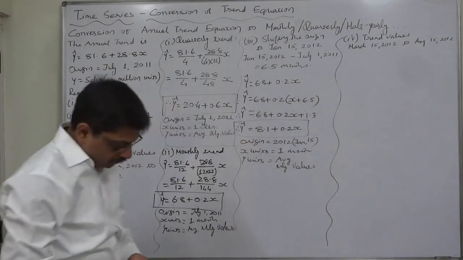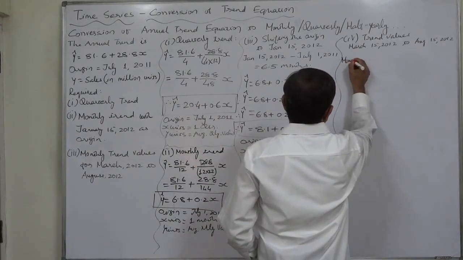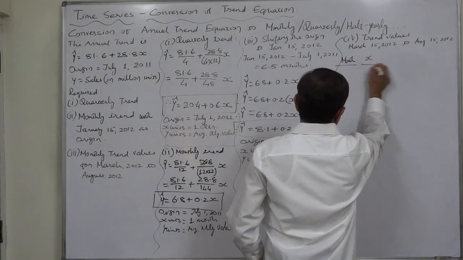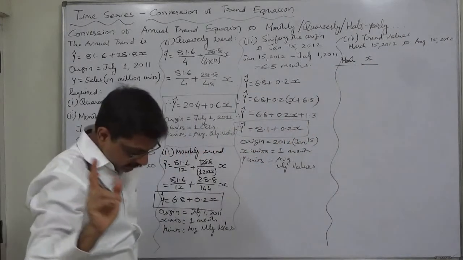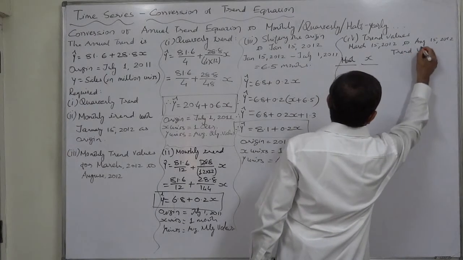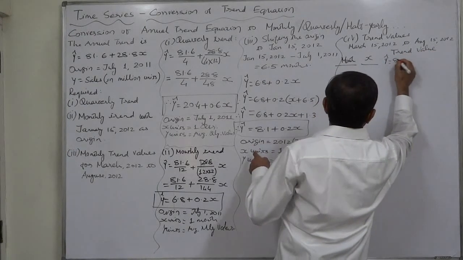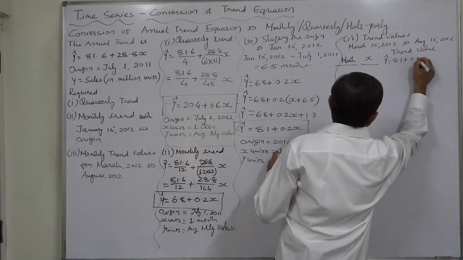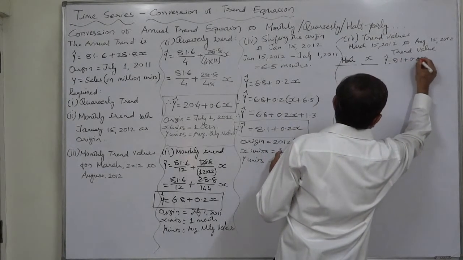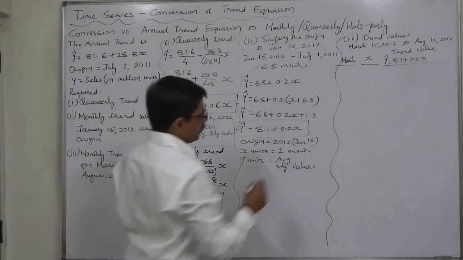I would like to prepare a small table: month, X and trend value. That will be 8.1 plus 0.2x. We would simplify.